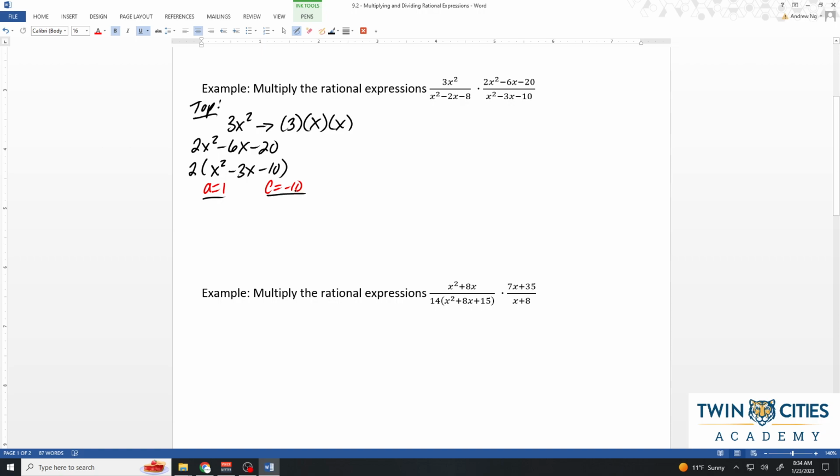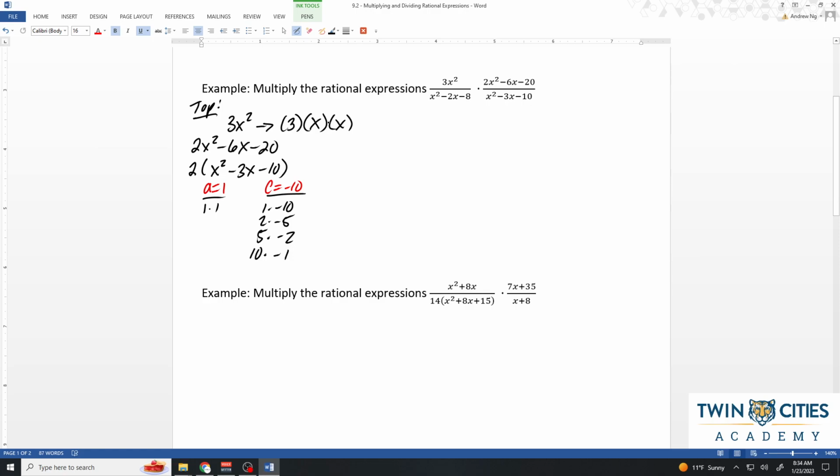I want all the things that multiply to 1. That's just 1 times 1. And all the things that multiply to get negative 10: 1 times negative 10, 2 times negative 5, 5 times negative 2, and 10 times negative 1.